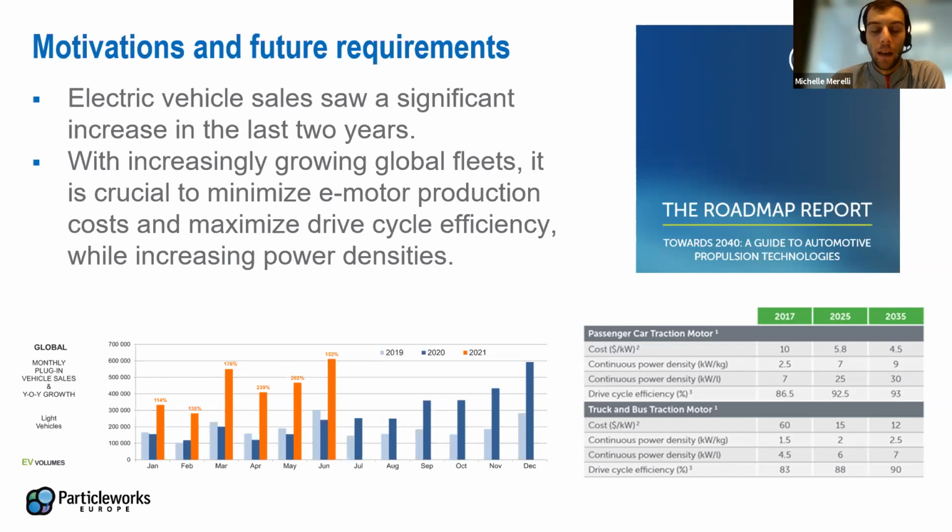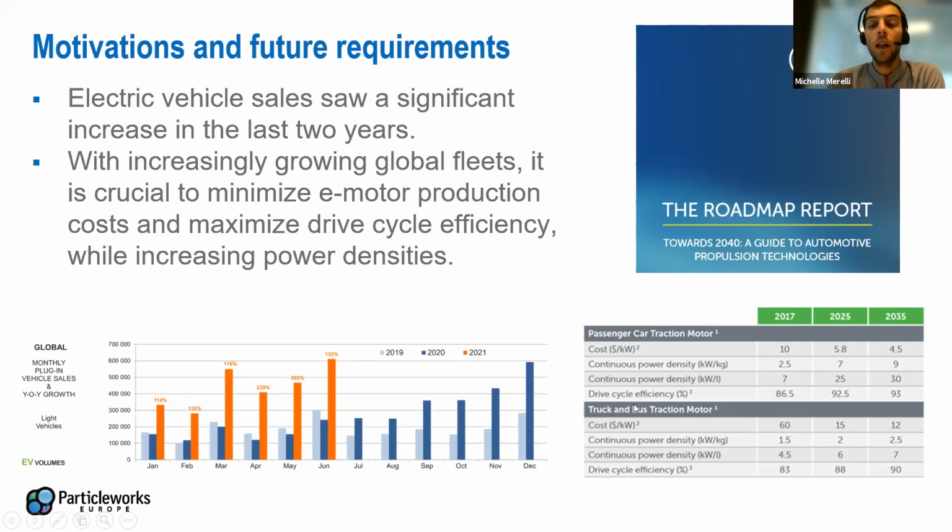As we can see, in the last 2 years we significantly increased sales of electric vehicles, especially at the end of 2020 and during this year, as reported by this graph. So with this increasingly growing global fleet of vehicles, it's important to now provide very good e-motors for the automotive industry.